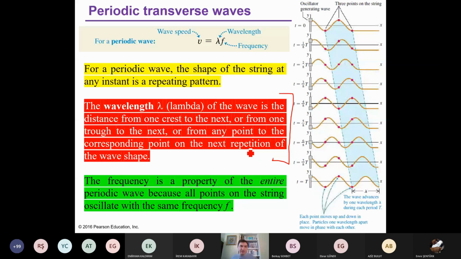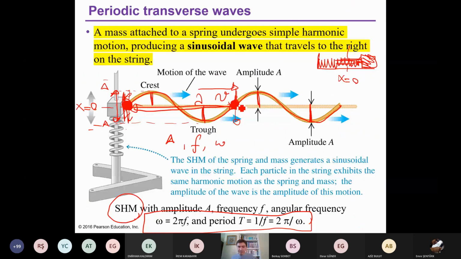Here we have a point on the left side, and here we have another point on the right side, and the distance in between, where we have a repeat of the motion of the particle on the left side, is given by lambda.